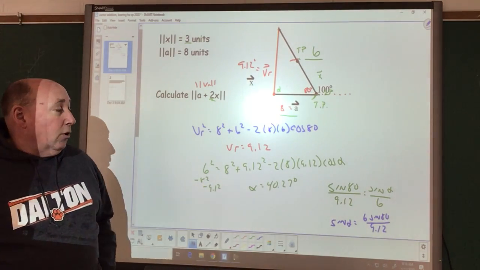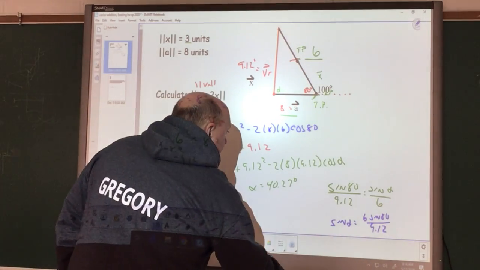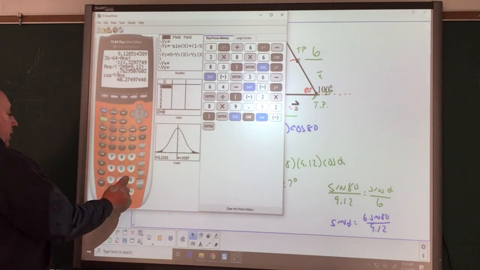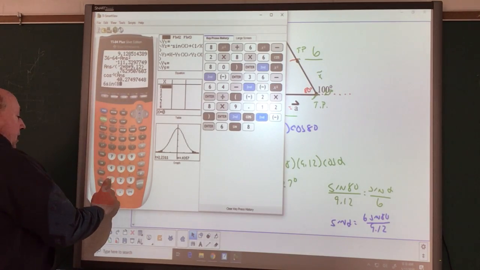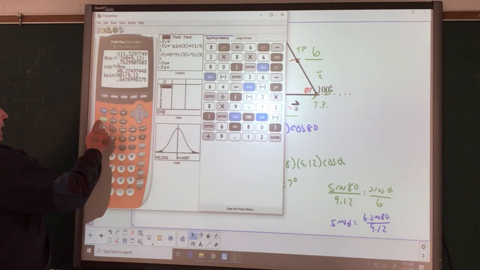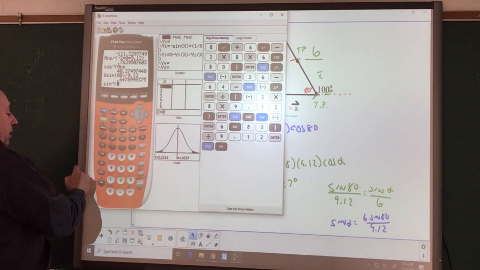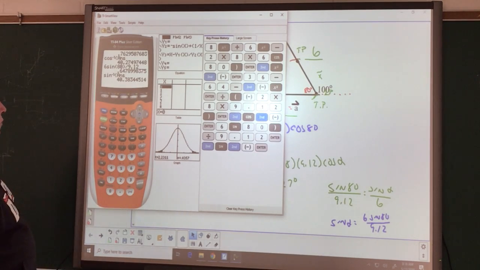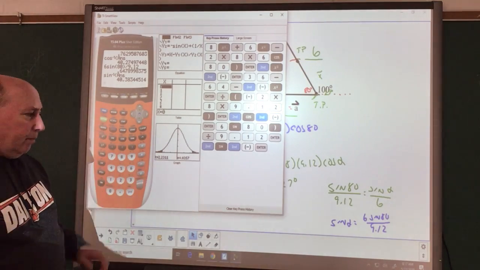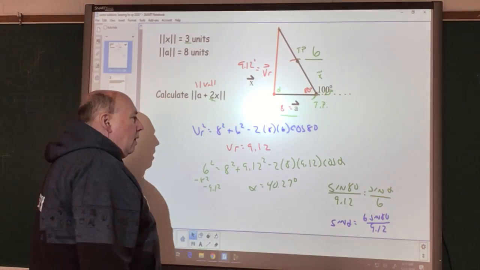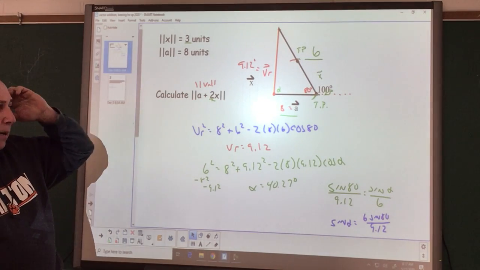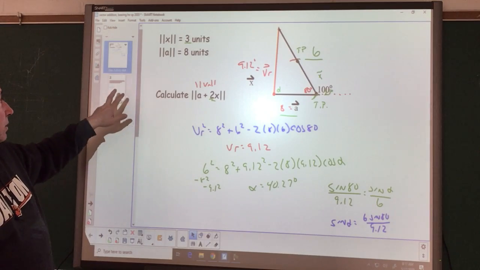I would suggest using your law of cosines. So we have 6 sine of 80 divided by 9.12, and I can take the inverse sine of this and I get 40.38. Not going to be exact, but it's going to be close. And this is the problem that you had. Once again, this is problem number 3 on the back side when you're adding vectors with values.